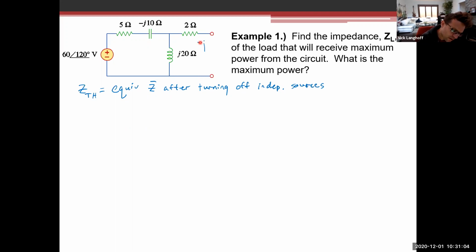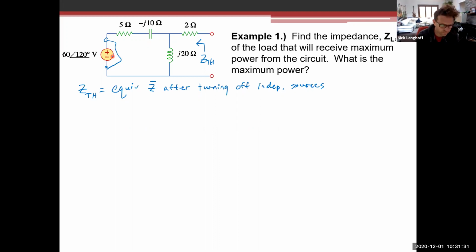Z Thevenin is the impedance seen looking into this port, right? After we turn off those independent sources, if we turn off this voltage source, that just gives a short across there. That's how you turn off a voltage source.